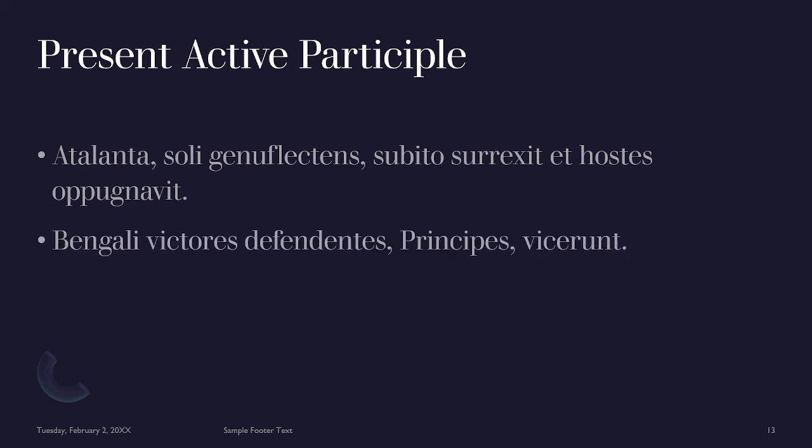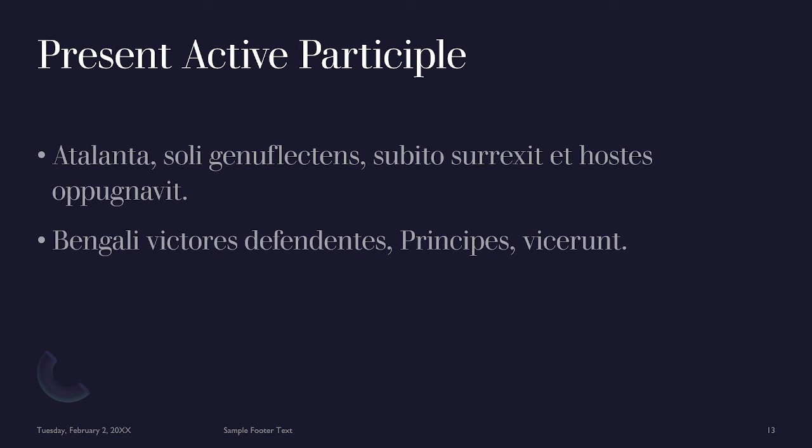Another example, Bengali victores defendentes principes vicerunt. So the Bengals, Bengali, that's our subject, and then victores defendentes. So victores is modifying defendentes. All right. Now, you could say, well, wait a minute.